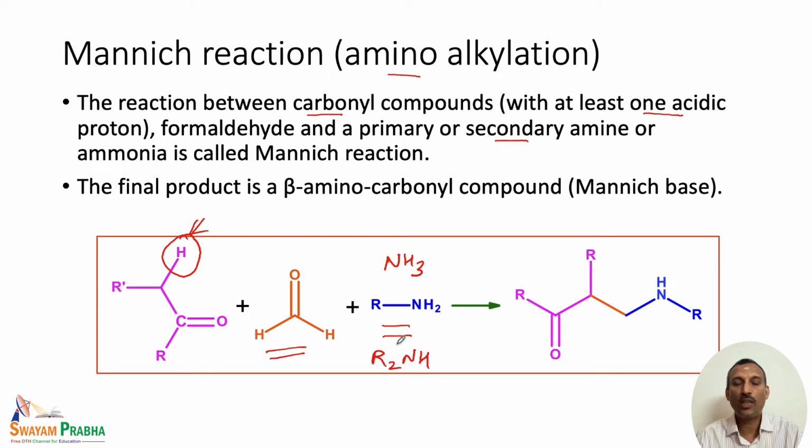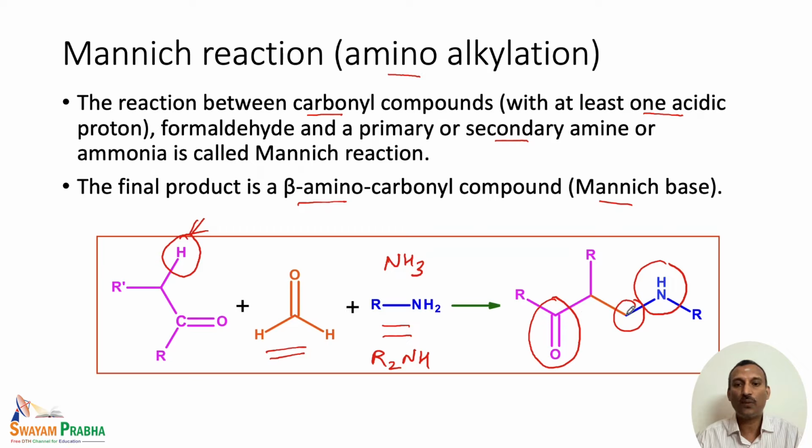All three amino derivatives can be used in this Mannich reaction. This condensation leads to the formation of a beta amino carbonyl compound, also called a Mannich base. We have the amino unit, we have the carbonyl unit, and formaldehyde is added here as one extra carbon unit.